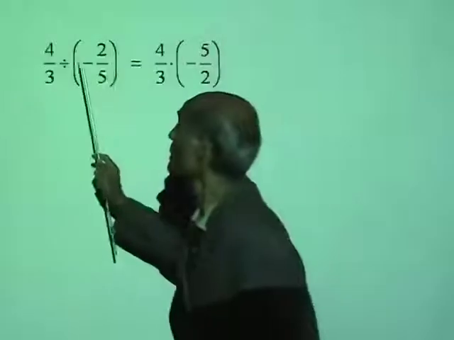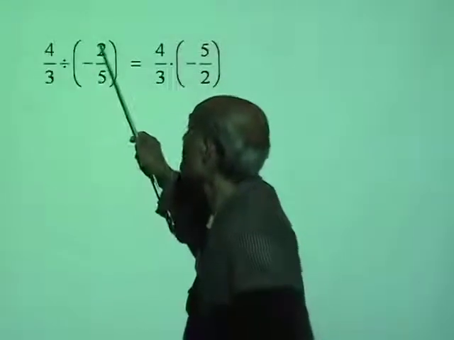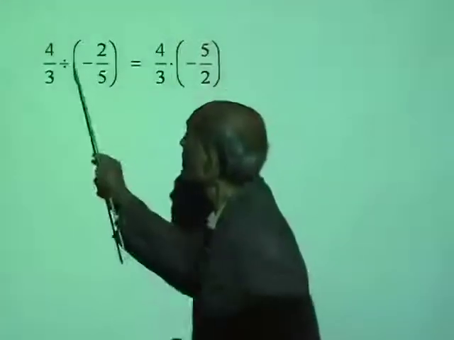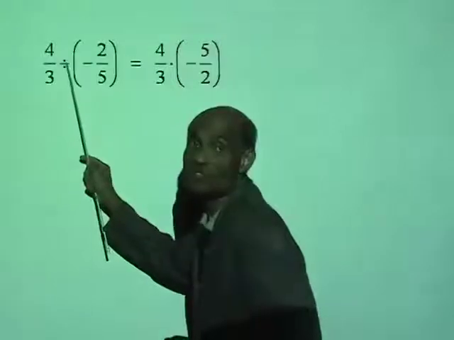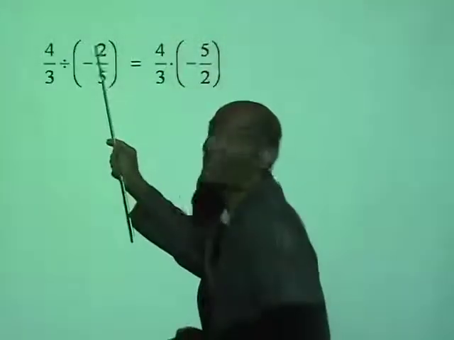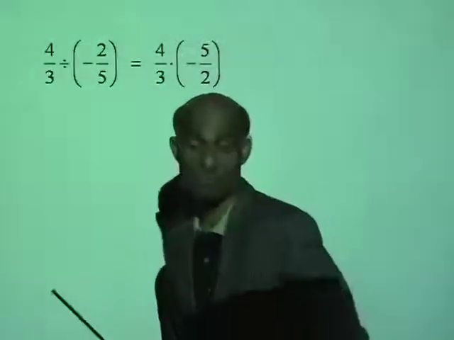Let's try this. 4/3 divided by negative 2/5. Now, what will happen? Change the division to a multiplication and use the reciprocal of negative 2/5.